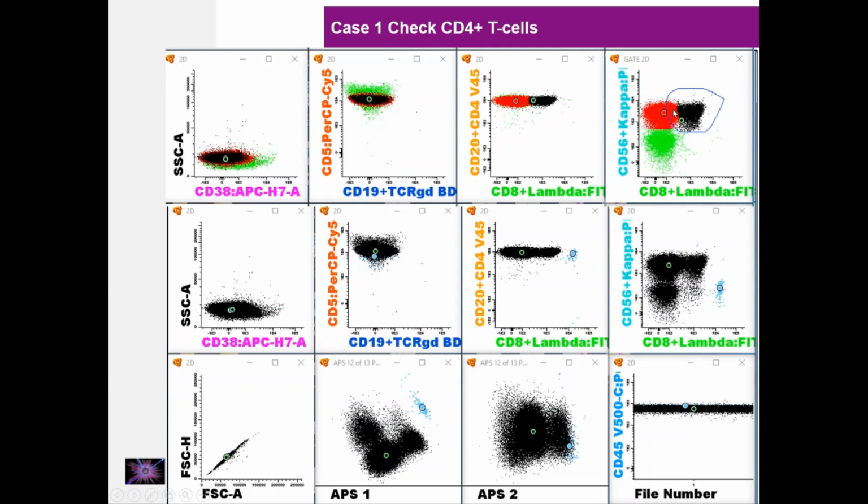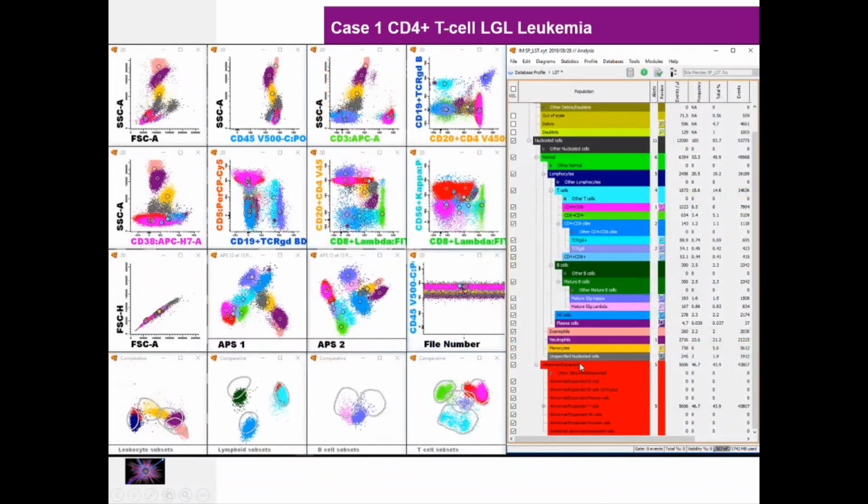So I've decided to assign them both as red, which means the abnormal expanded cells, and when this analysis is complete, the software displays all the dot plots, and every single dot must be colored and distributed to different populations and subpopulations.